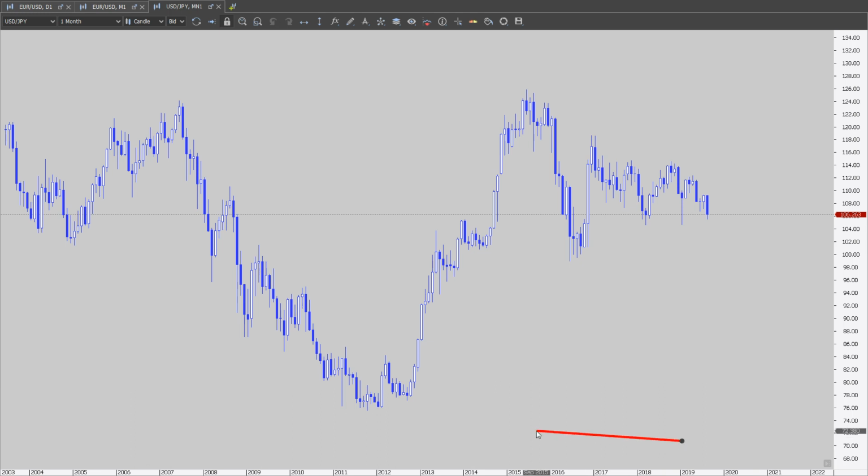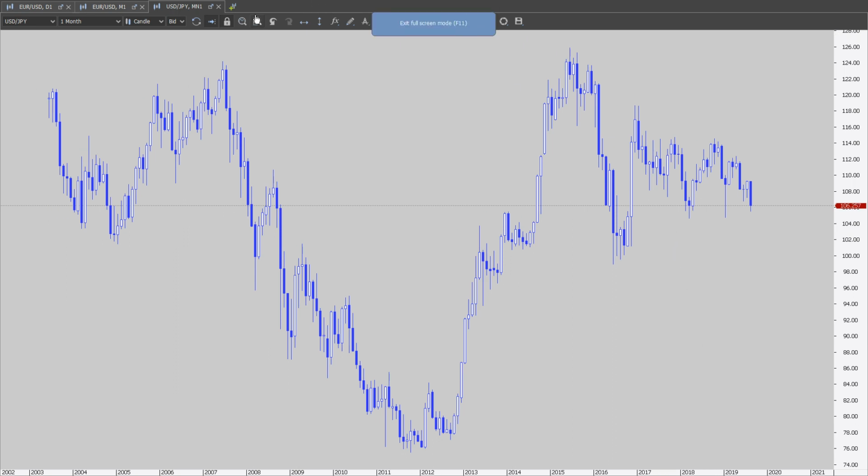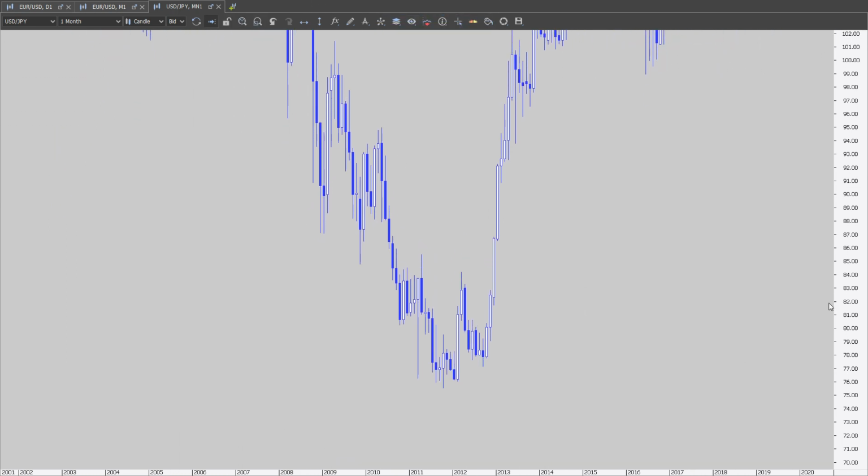Now, where does the trend start? The trend starts from the lowest low, from the absolute low. Here is the absolute low on the USD/JPY monthly chart. I'm going to zoom in for you to see.